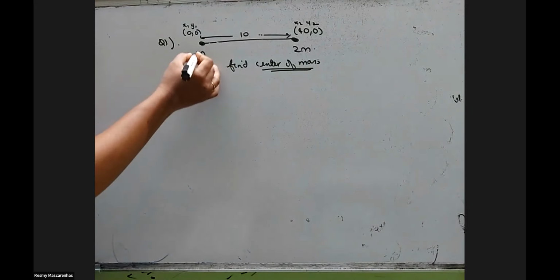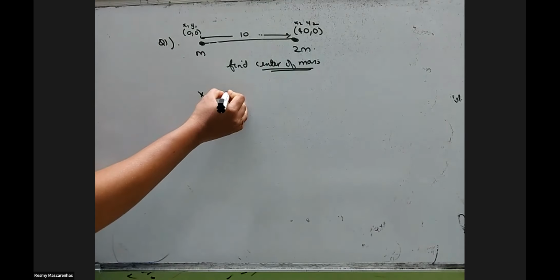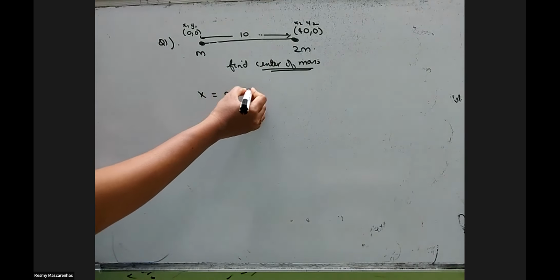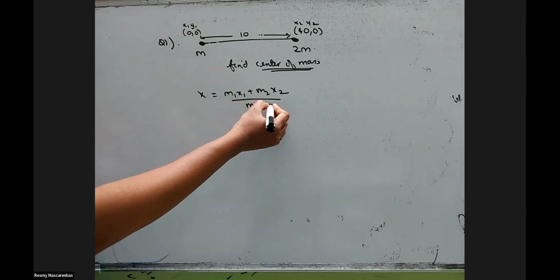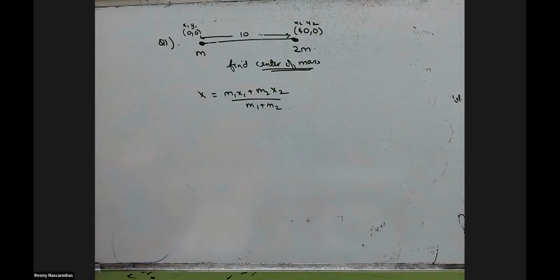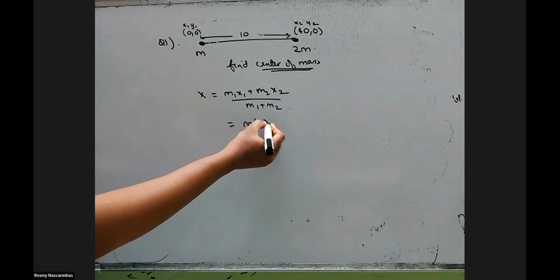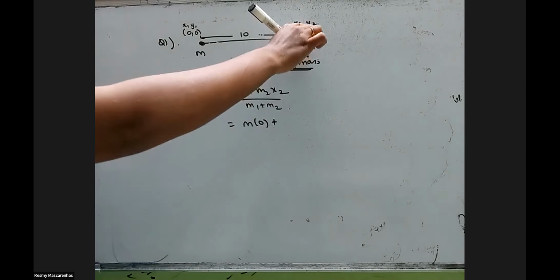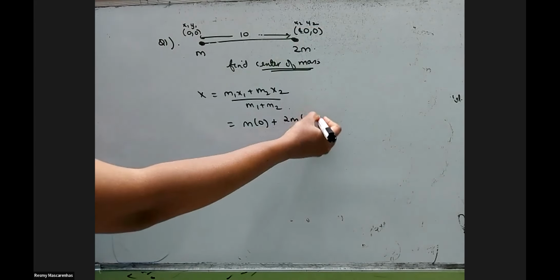So m1 is m and m2 is 2m. X is what? m1 x1 plus m2 x2 upon m1 plus m2. Substitute m1 is m into 0. m2 is what? 2m. x2 is 10.